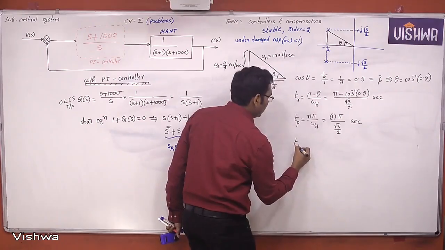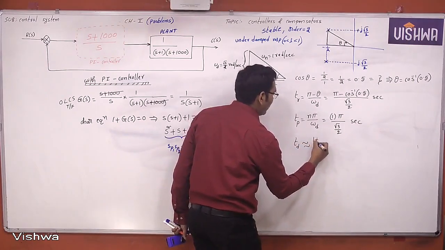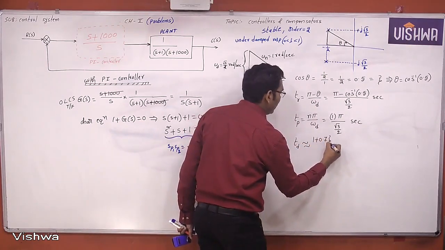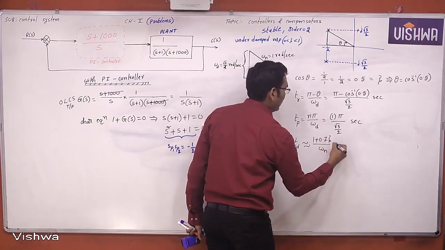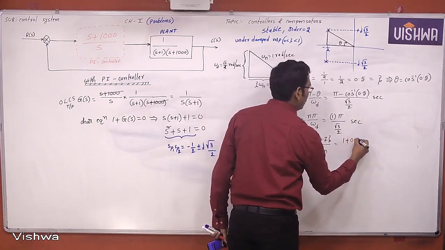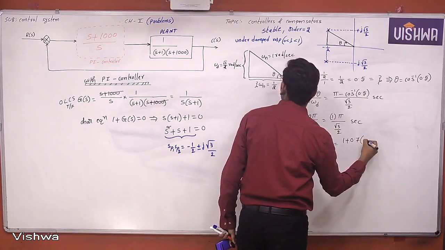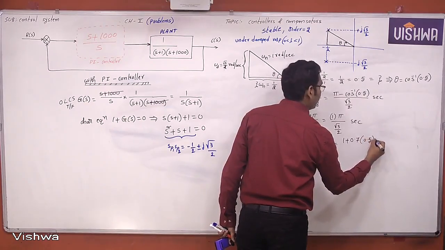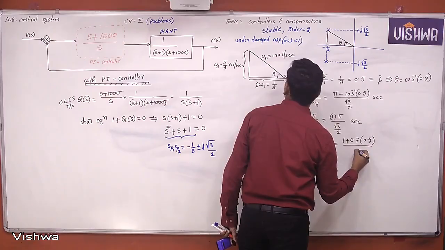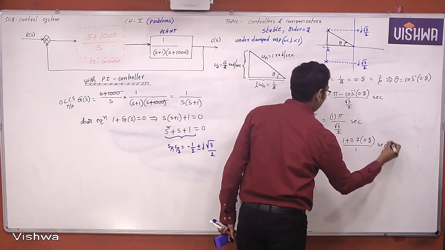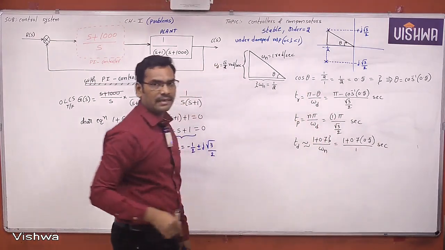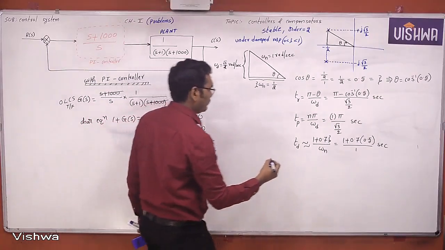Now delay time. The delay time is approximately 1 plus 0.7 zeta by omega n, which is equal to 1 plus 0.7 into 0.5 by 1 seconds. This is the rise time, peak time, delay time, and peak overshoot.